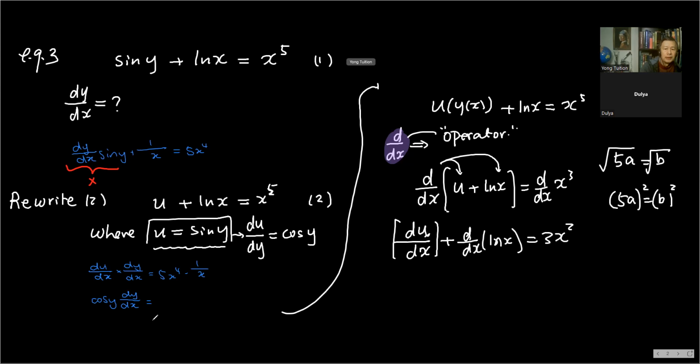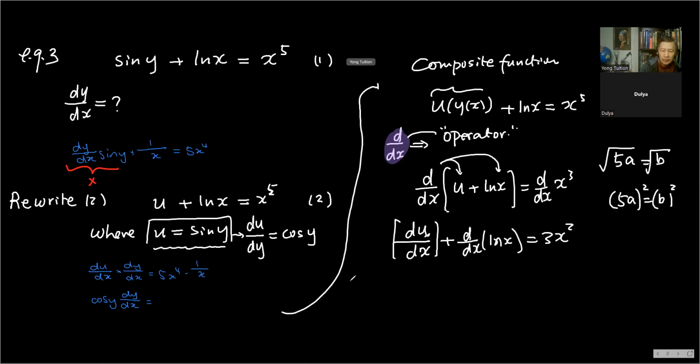So just treat this as a composite function. If sine y is u, what is y of x? Well, what does the chain rule say?